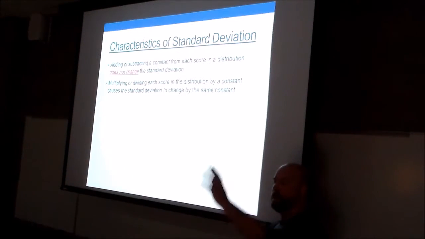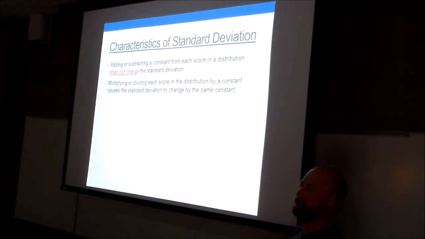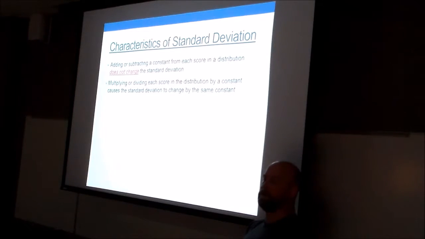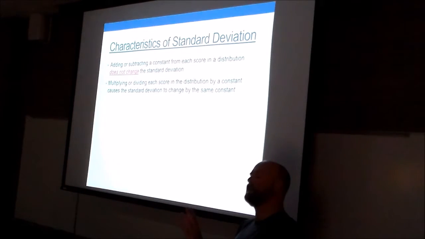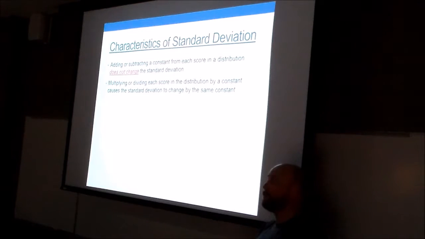If I add 10 to every score in the distribution and my mean is 50, what's my new mean? 60. 60, right?